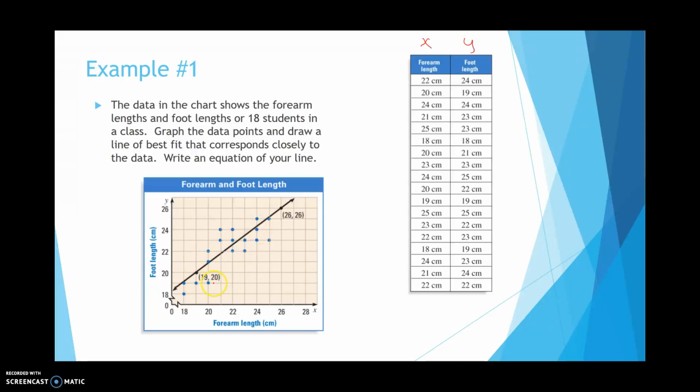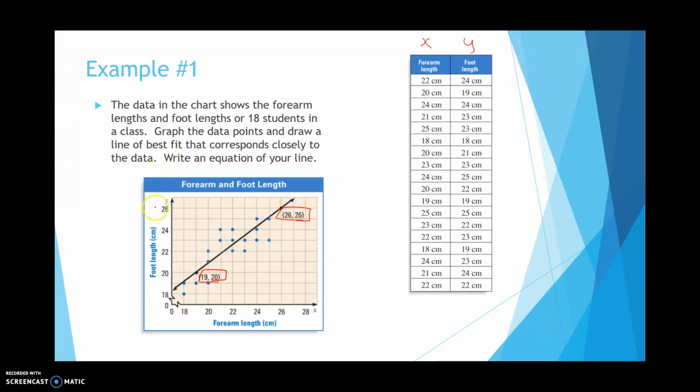We have about 1, 2, 3, 4, 5, 6 points below the line, and 6 points above, and some points are closer to the line. Now you are going to find 2 points that fall on that line of best fit we just drew. Notice they're at the points 19, 20, and 26, 26.